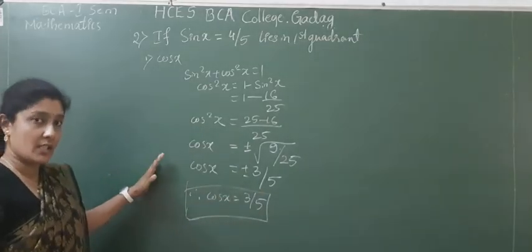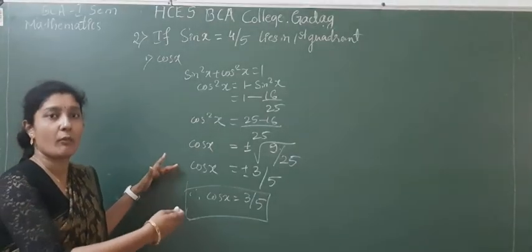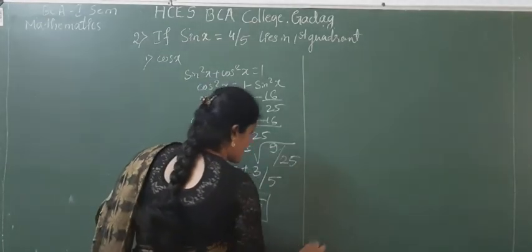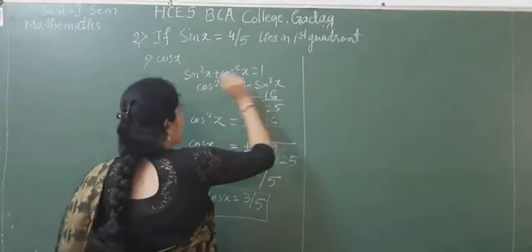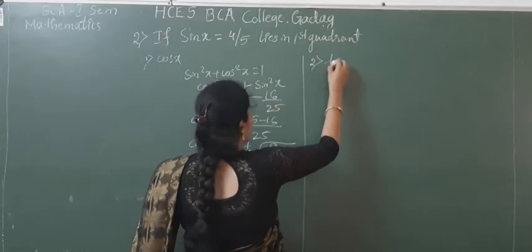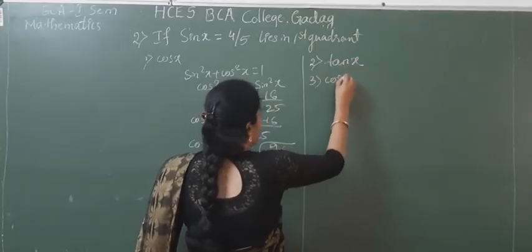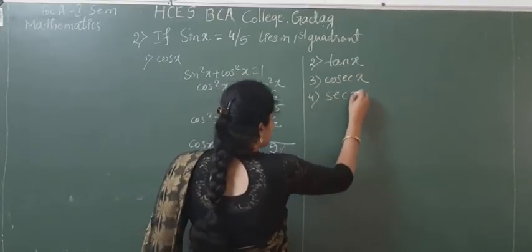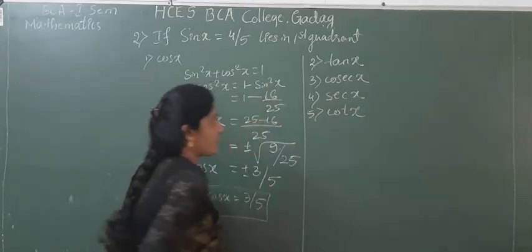So, if you have understood the problem, I want you to solve the remaining values. Okay? So, let us see who will solve. What are the remaining values now? The first one is cos, the second one is tan x, the third one cosec x, the fourth one sec x, and the fifth one cot x.